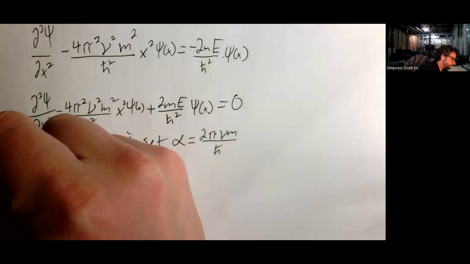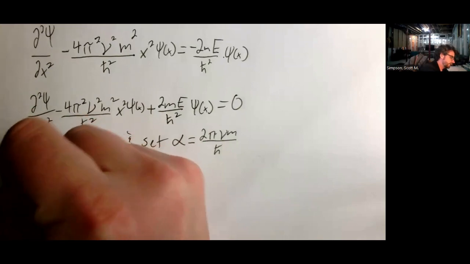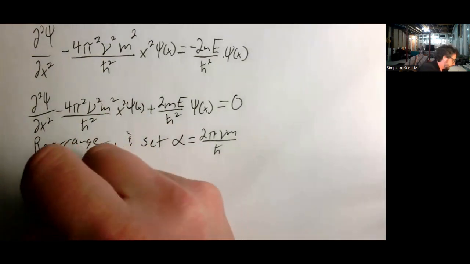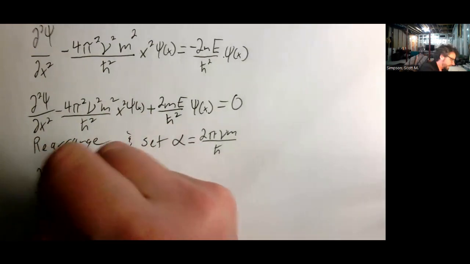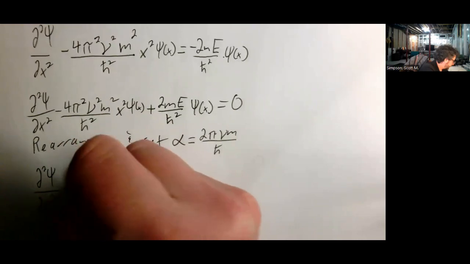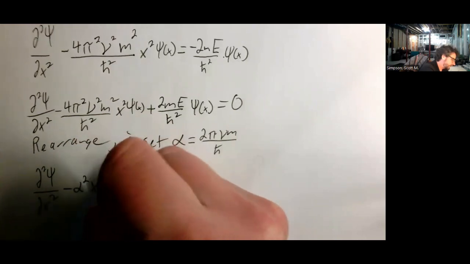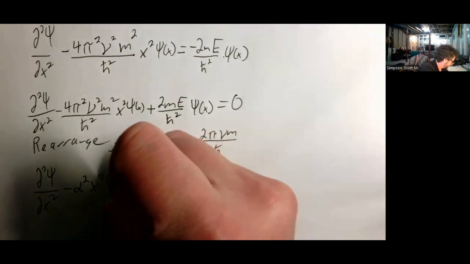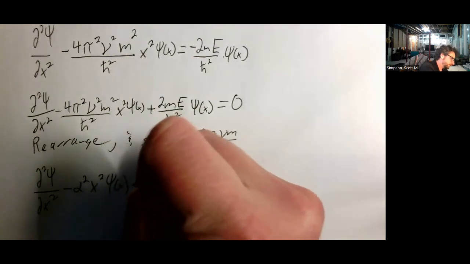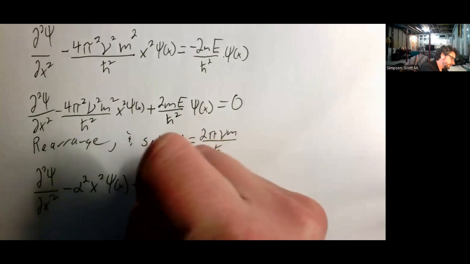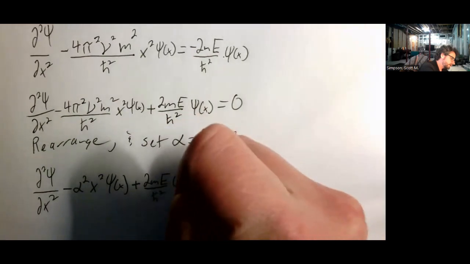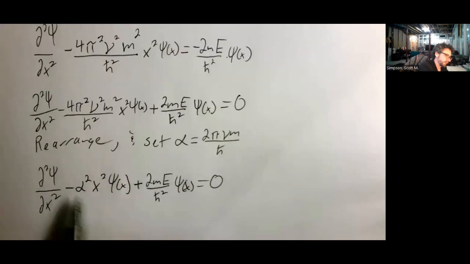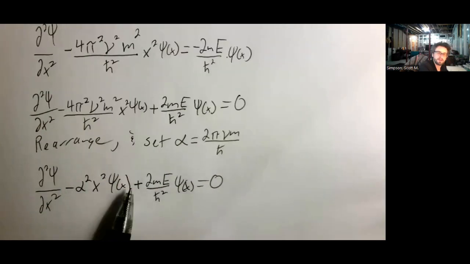So we get the second derivative with respect to x, we get negative alpha squared x squared psi x plus 2mE over h bar squared psi x is equal to 0. We didn't actually rearrange or combine like terms.